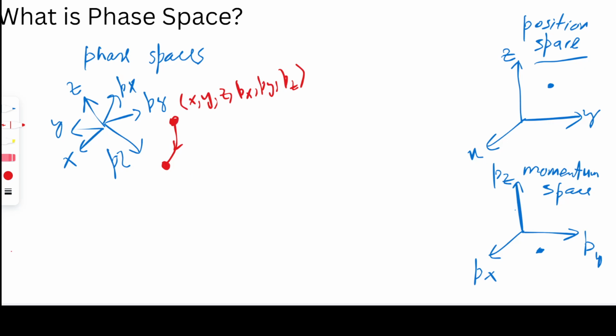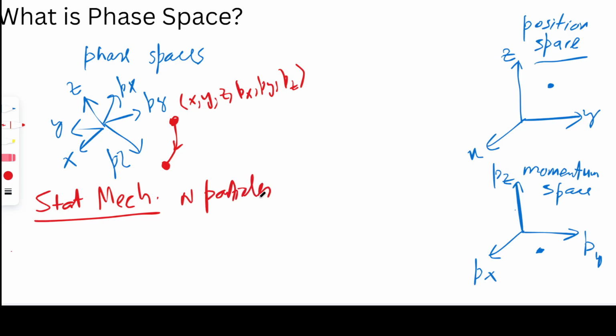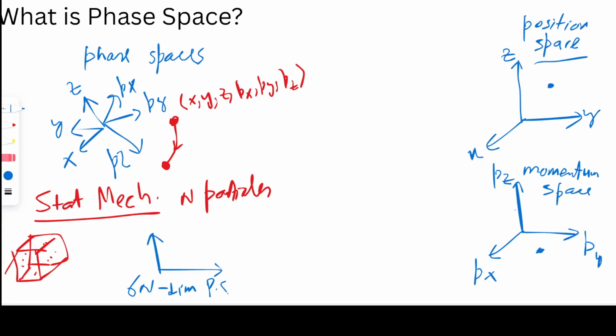This concept is especially useful in statistical mechanics, where suppose we have a system with n particles. So if there are n particles, then we can represent it in a 6n-dimensional phase space.